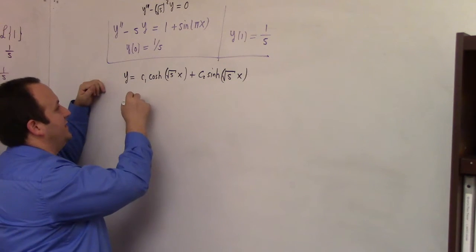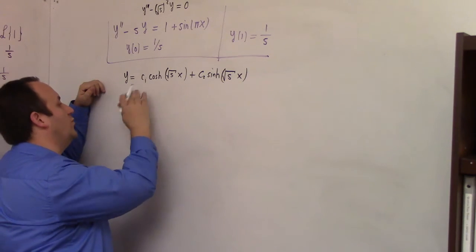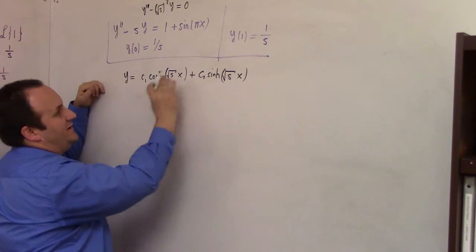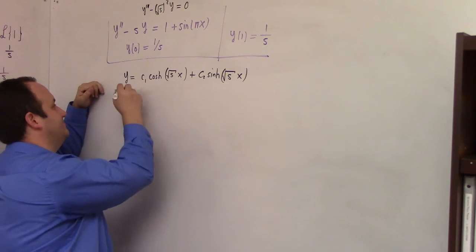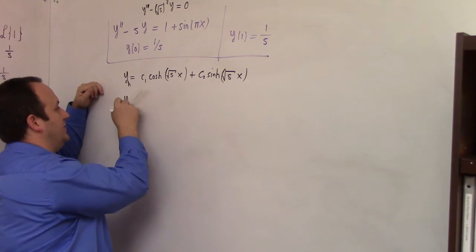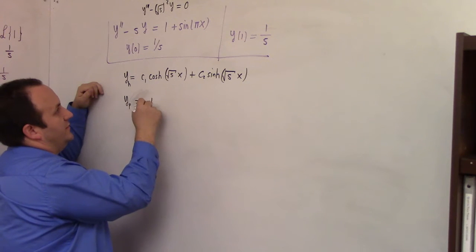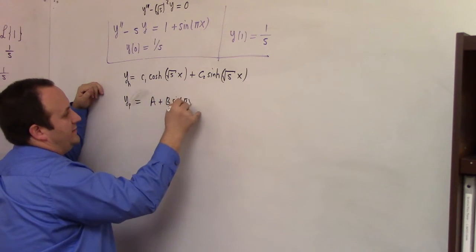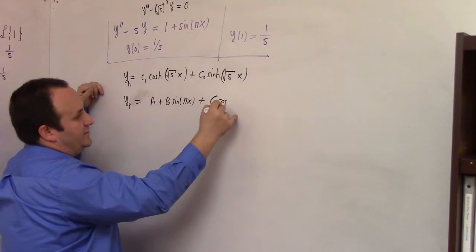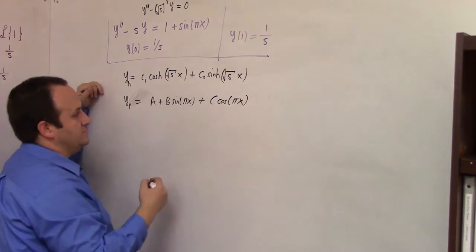Let's see here. I can't ignore the particular solution either, can I? Mm-mm. So the particular solution should have the form a plus b sine pi x plus c cosine pi x, right? Yes.